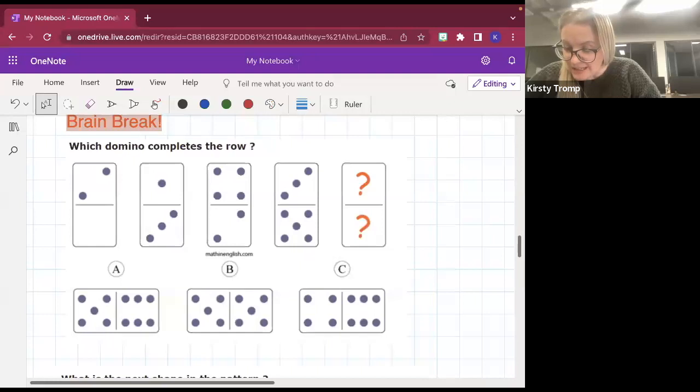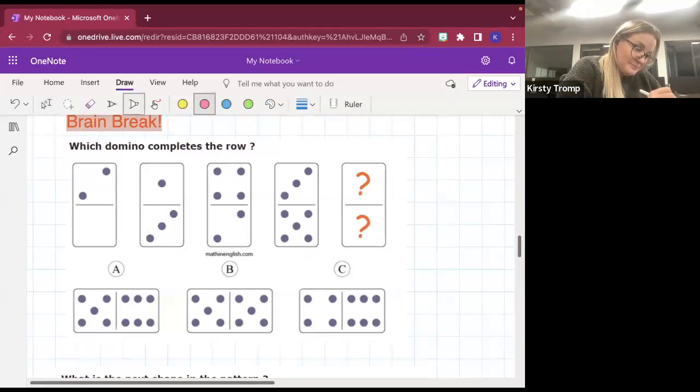So let's have a look at the brain break. For the first question, the answer is going to be C. So for those of you who said C, well done. There has to be a difference of 2 between the dots and they count in zigzags going up. So let's see what that means. If we use our highlighter, I've got 1, 2, 3.